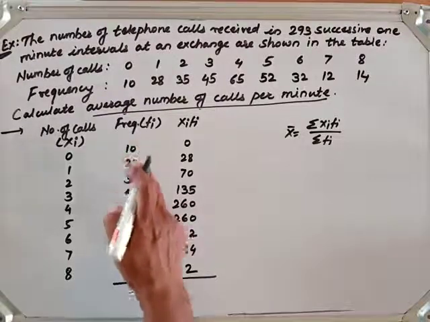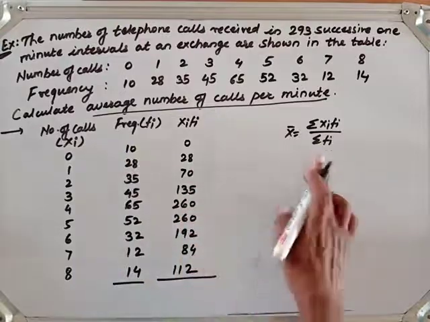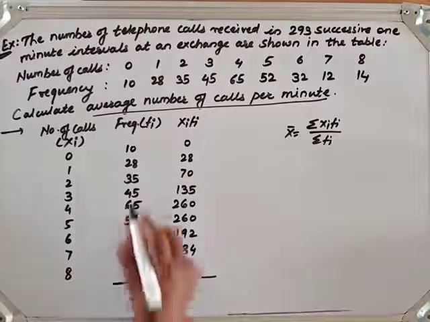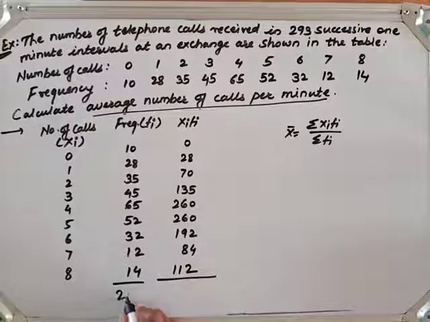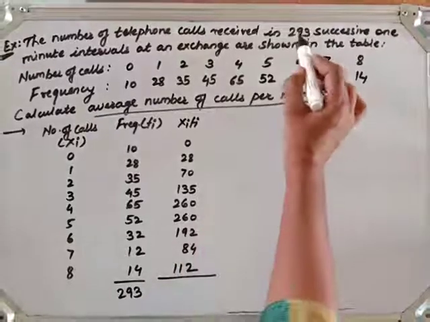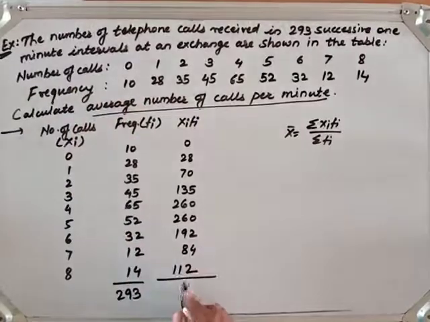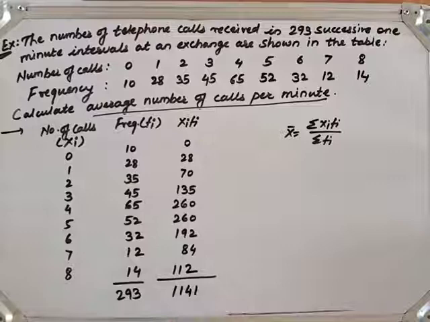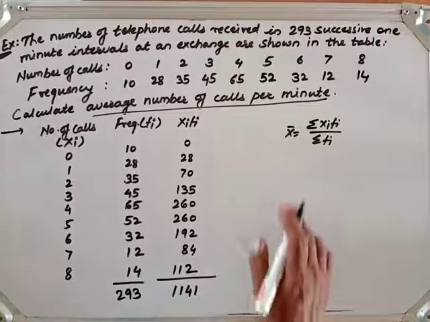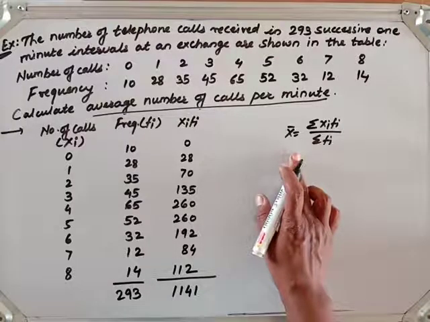Now we need the sum of these two columns. The sum of the frequency column is 293, for 293 successive one-minute intervals, and the sum of the product column is 1141.